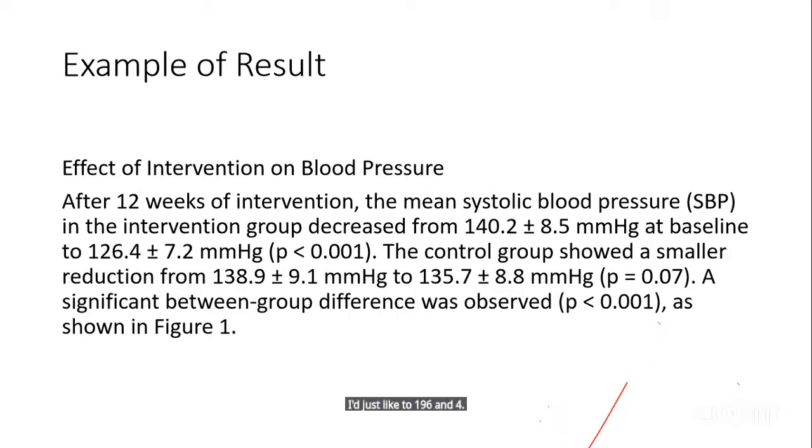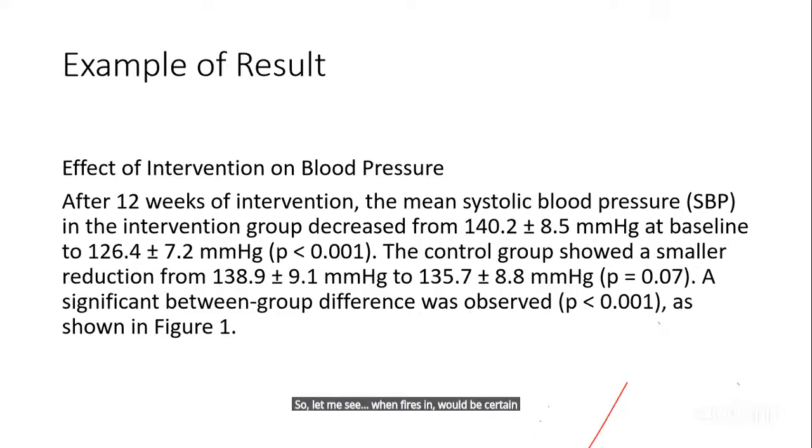The control group had a smaller reduction, from 138.9 to 135, with a p-value of 0.07. So a significant difference between the groups was observed. Okay. So this is a comparison of the results.